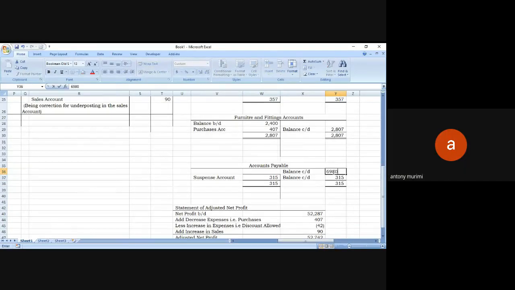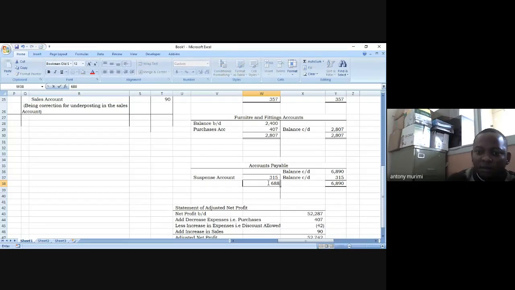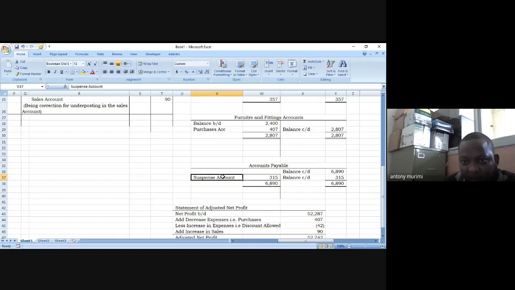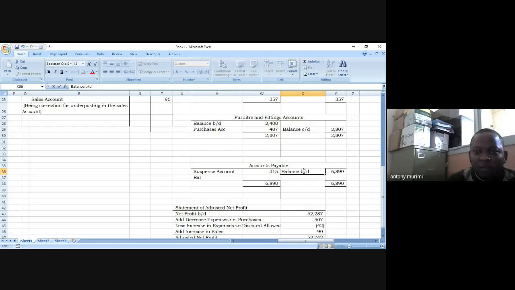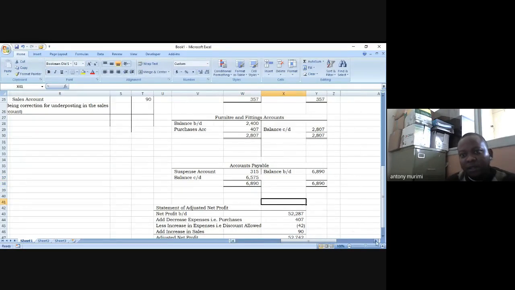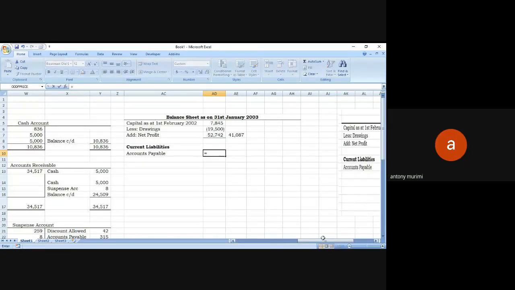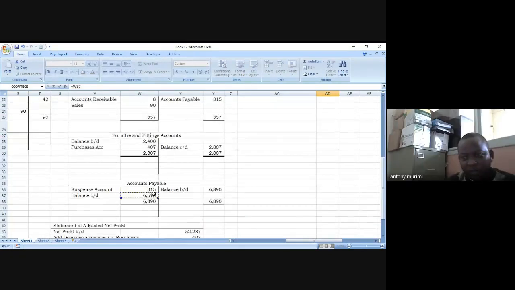Let me correct this. So this is a balance brought down, and the balance carried down for accounts payable should therefore be equal to 6890 minus 315, so 6575.